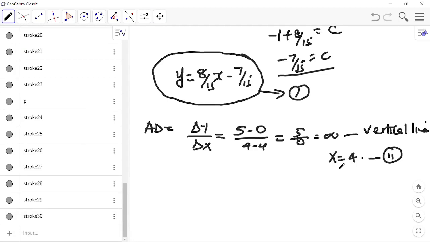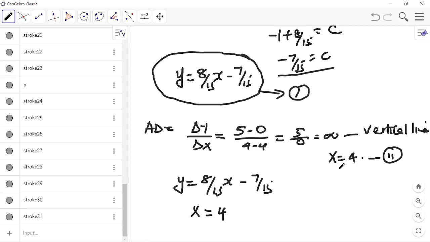So how do you get the coordinate? Equation 1 is y is equals to 8 over 15 x minus 7 over 15, and the second one is x is equals to 4. So we are just substituting 4 where there is x, and this will give you the value of y.